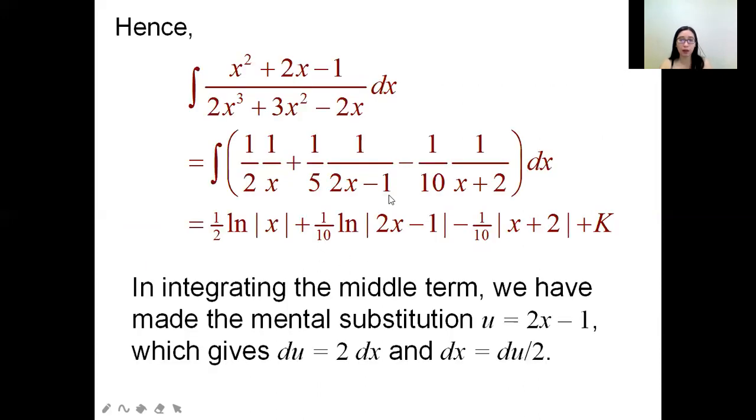So we have 1/5 times 1 over 2x minus 1 minus the value of C, 1/10 times 1 over x plus 2 dx.